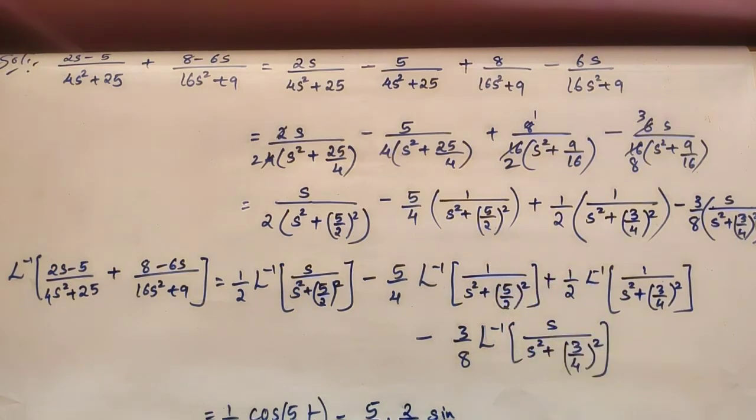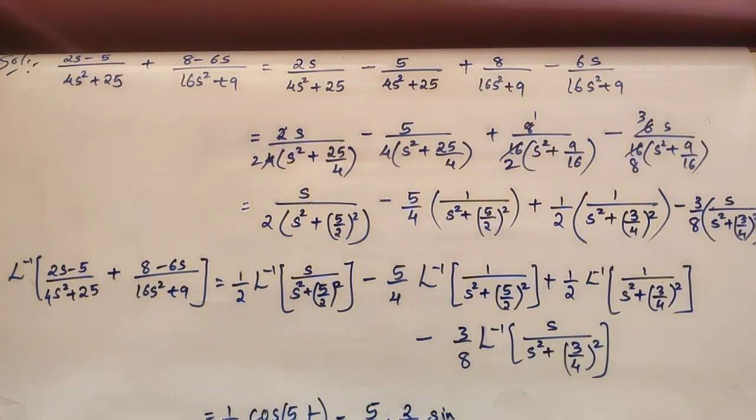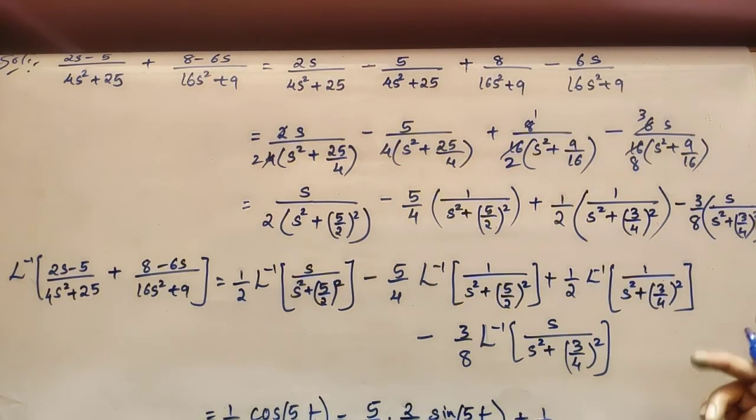For such a thing you write 1 by a sine at. The value of a is 5 by 2. 1 by a becomes 2 by 5, is it not? Sine of 5 by 2t, plus half. Here the value of a is 3 by 4, so it is going to be 4 by 3. 1 by 8 becomes 4 by 3 sine 3 by 4t, minus 3 by 8.